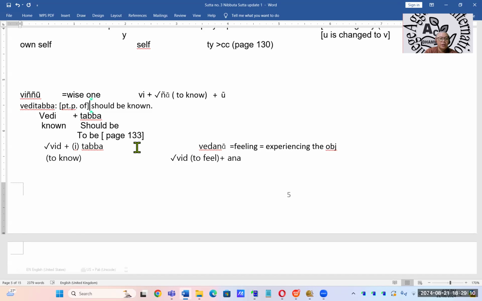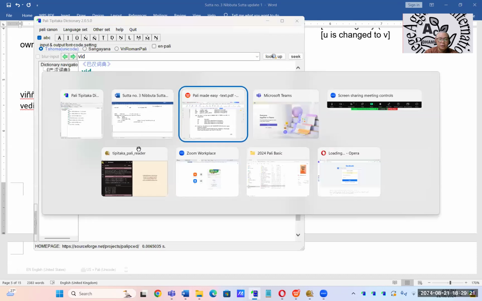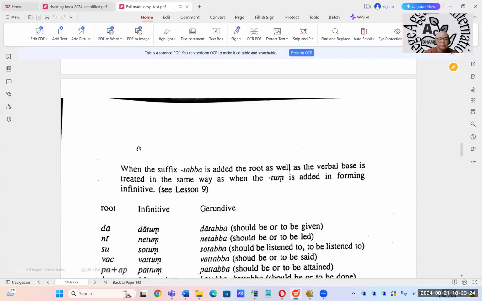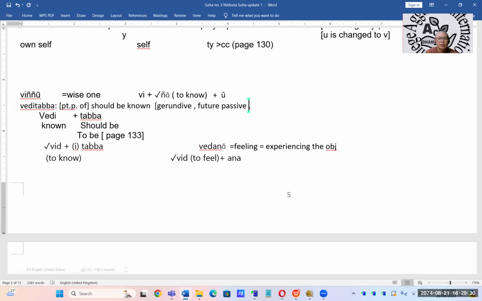So this is called gerundive, or future passive participle. If you come across this one and want to write a shortcut, you just write FPP. Any question up to this point?